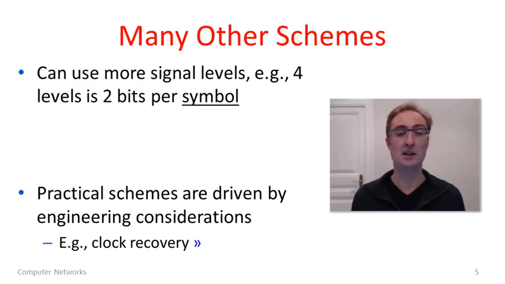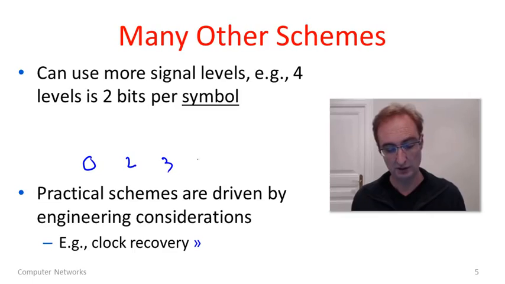Now there are many other schemes which are variations on this, which can be used in practice. For instance, we could use more than two signal levels to represent bits. If we group the bits that we sent, 2 bits at a time, we could send more different levels. If I go over those bits, I think the sequence was 0, 2, 3, 3, 1 from the bits before.